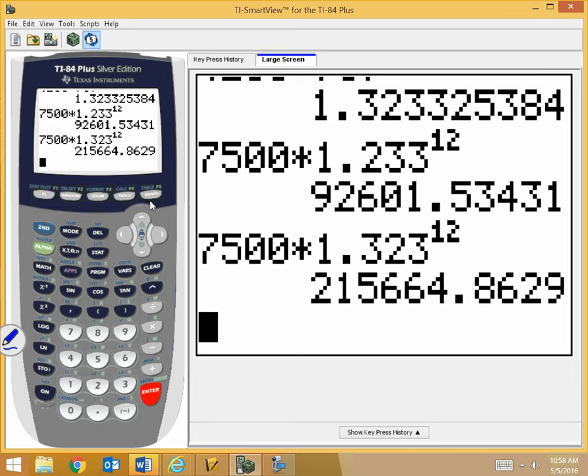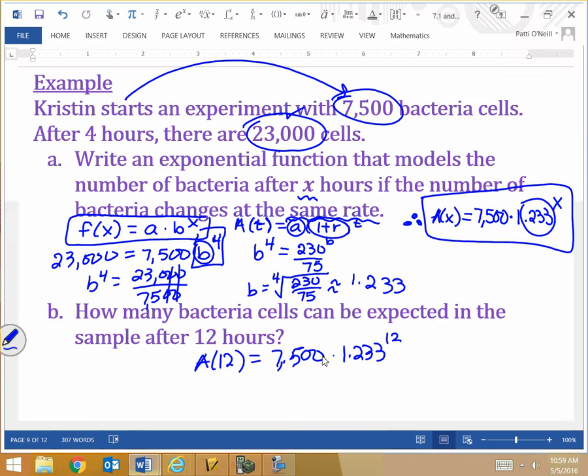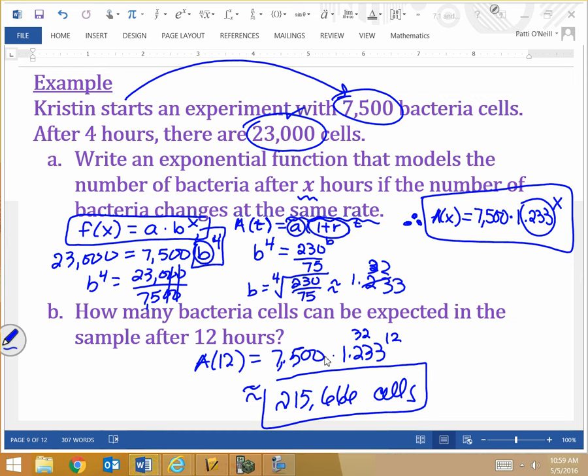We're not going to include the decimal because we need a whole bacteria. This was 323. I wrote it backwards right from the beginning. You guys were probably yelling at me. So I'm going to say about 215,665 cells of bacteria will be my final answer.